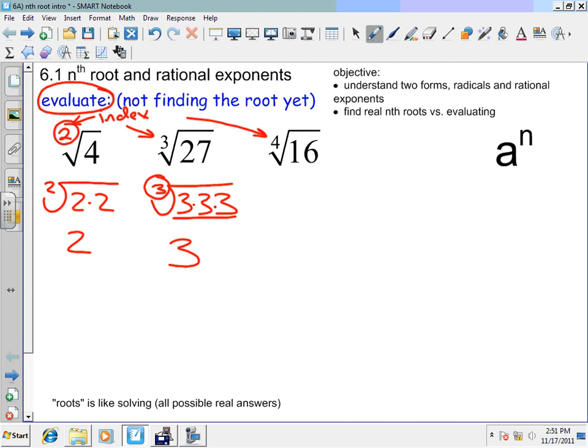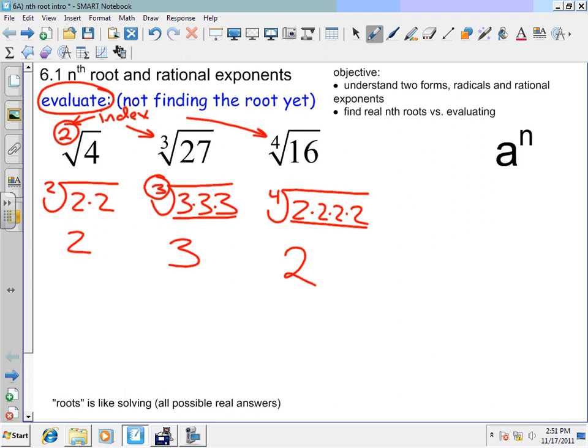The index could be any number. So what number times itself 4 times is equal to 16? Well, that's 2, as we can see right here. Okay. So the index is looking for how many times that value is multiplied to get that value. Now, notice in all these examples I have positive answers. So that's evaluating. If you plug into the calculator, what would you get?